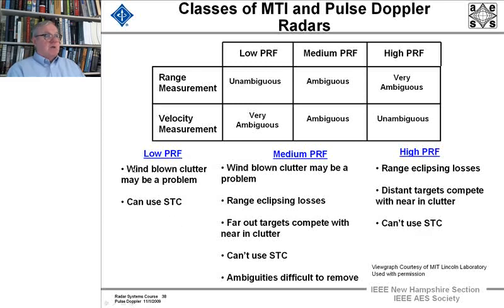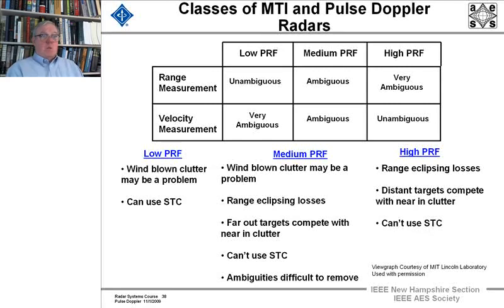For low PRF radars, wind-blown clutter may be a problem. We've shown you how with an MTI system it's a significant problem, and it can be dealt with by sending out sets of pulses and breaking them up into filters at the low PRF, many filters, on the order of 10 or so, and then right afterwards sending out another burst of pulses at a waveform whose PRF is 10% different.